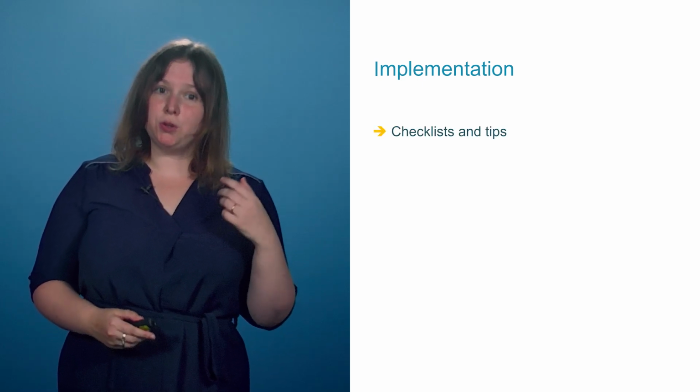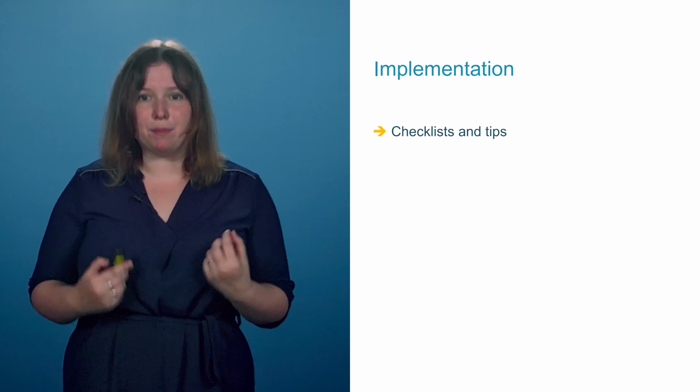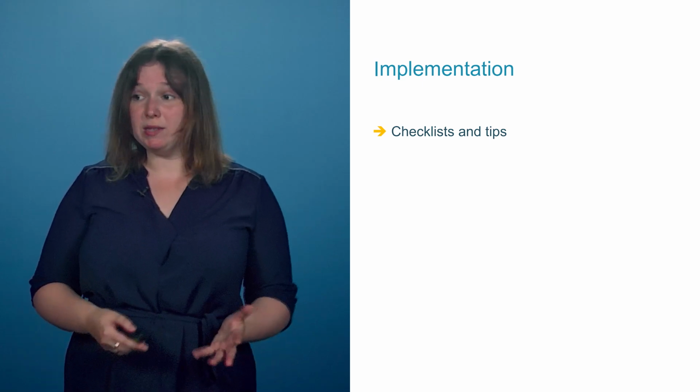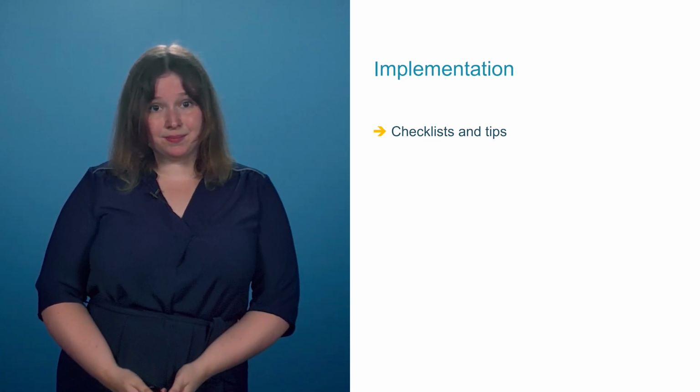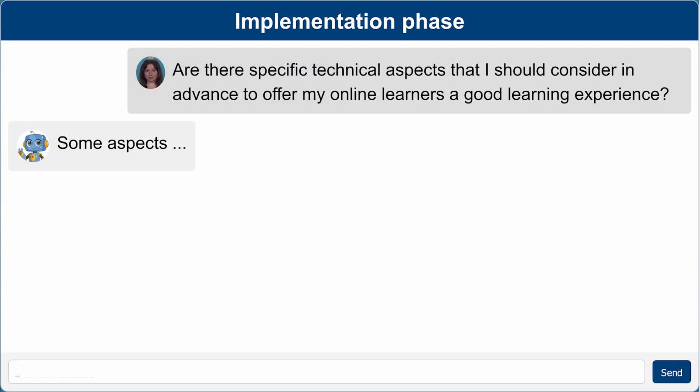It can ensure that you're prepared to tackle technical and practical challenges that come with different teaching modalities. Here's an example of a prompt that can be useful during the implementation phase. Are there specific technical aspects that I should consider in advance to offer my online learners a good learning experience?